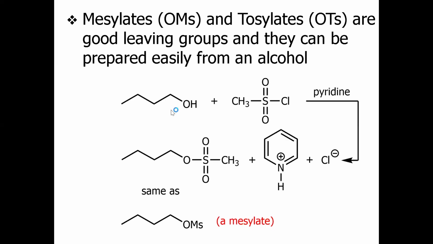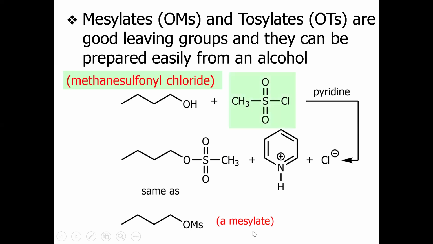So this is basically what happened: the alcohol, when treated with methanesulfonyl chloride in pyridine, gives you this mesylate ester, a mesylate group, which is abbreviated as OMs as well. And similarly, this is known as methanesulfonyl chloride.